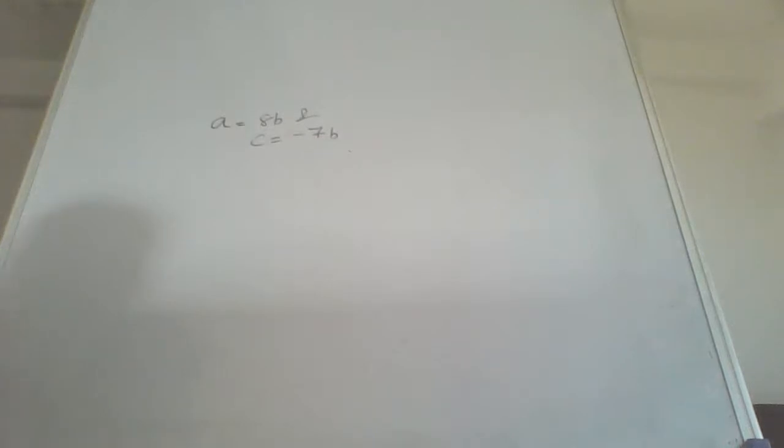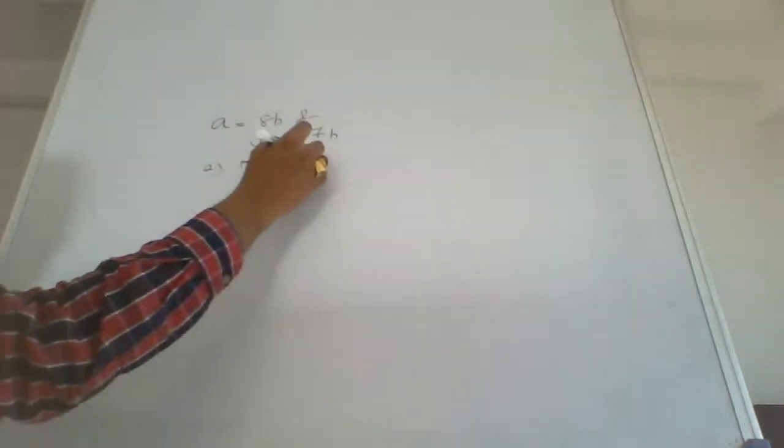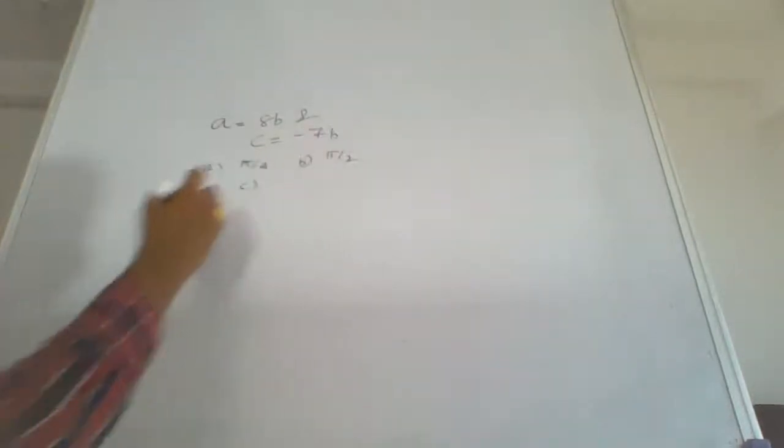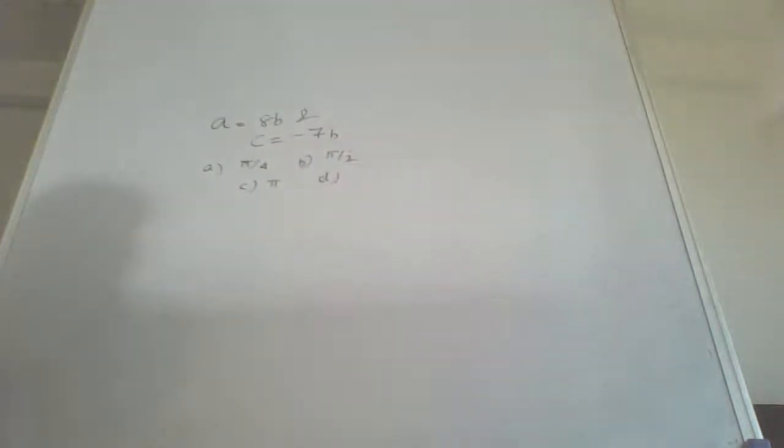What will be the angle between a and c? We have been given the choices pi by 4, pi by 2, pi, and 0. There is only a single correct option.